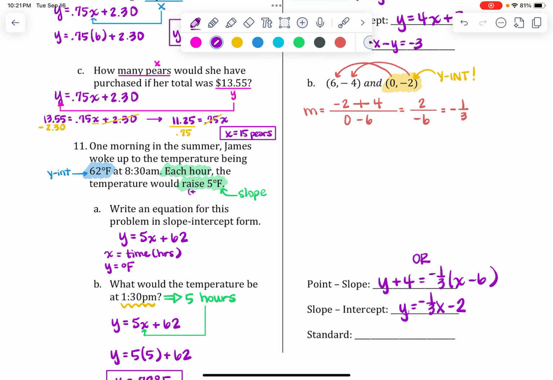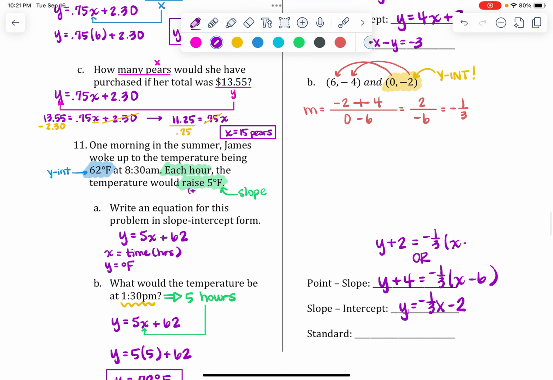Or if you use the second point, it would be y minus -2, which is a plus 2, equals -1/3 x minus 0. I would take either one of those answers. They're both correct. And if you need to, you can distribute and move the 2 over, and you're going to get that slope-intercept form. So if you don't catch it, you'll be able to get it easily anyway.